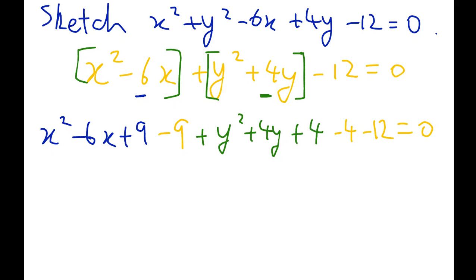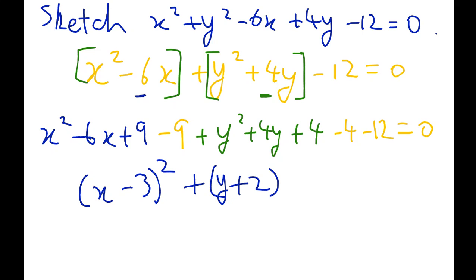And so, putting all of this together, you would have x minus 3 squared plus y plus 2 squared minus 25 equals 0.